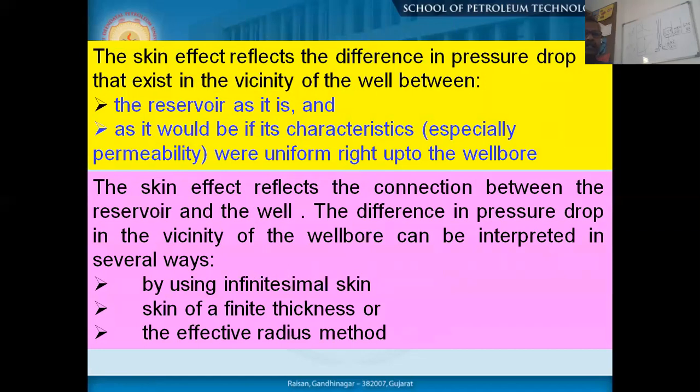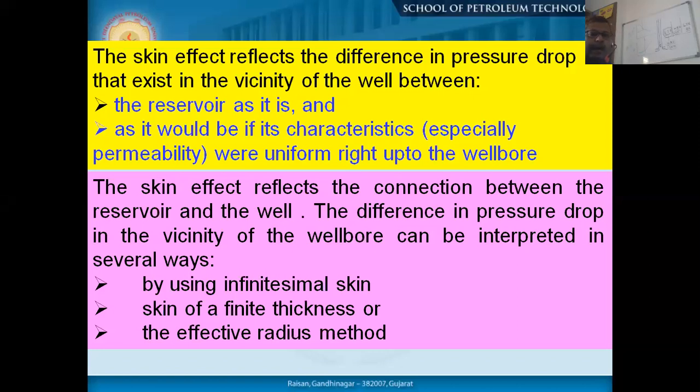Now the skin effect reflects the difference in pressure drop that exists in the vicinity of the well between the reservoir as it is, and if something is there, either it can reduce the permeability or it can enhance the permeability.